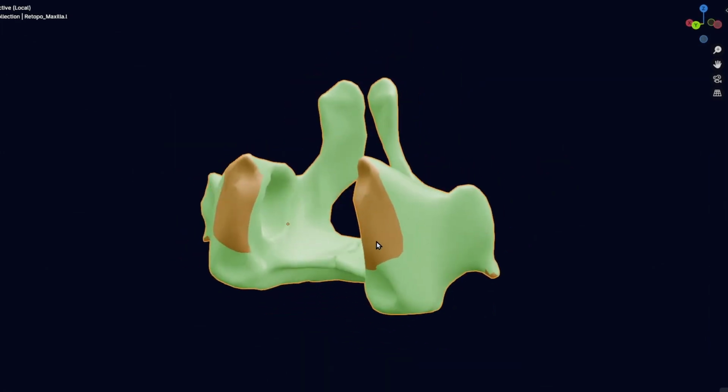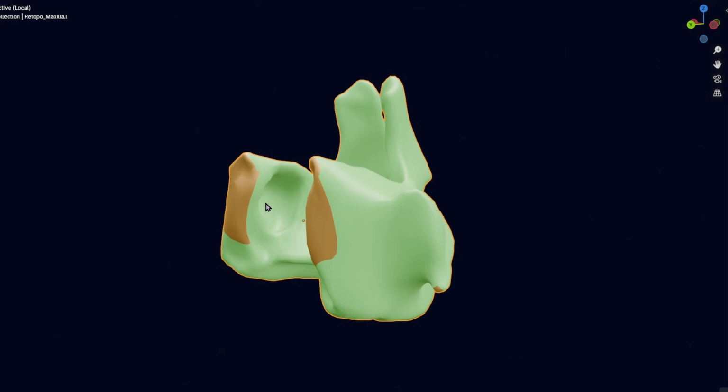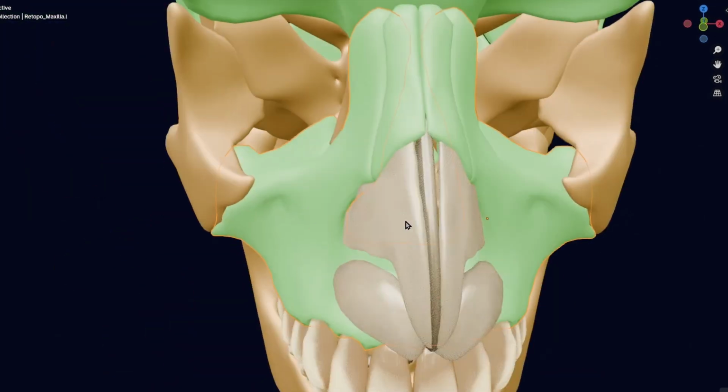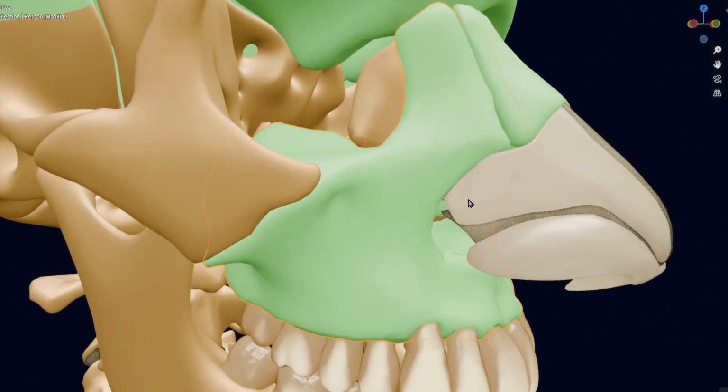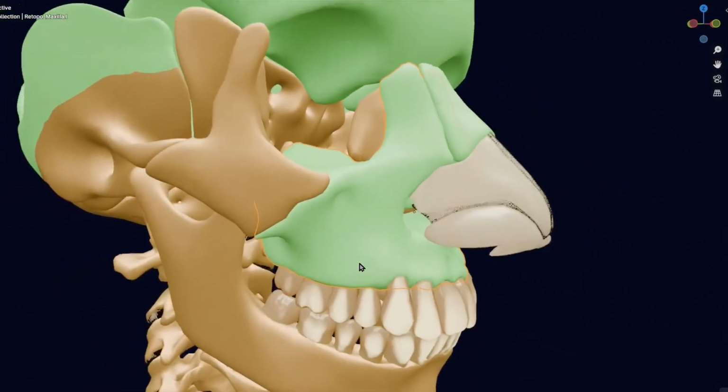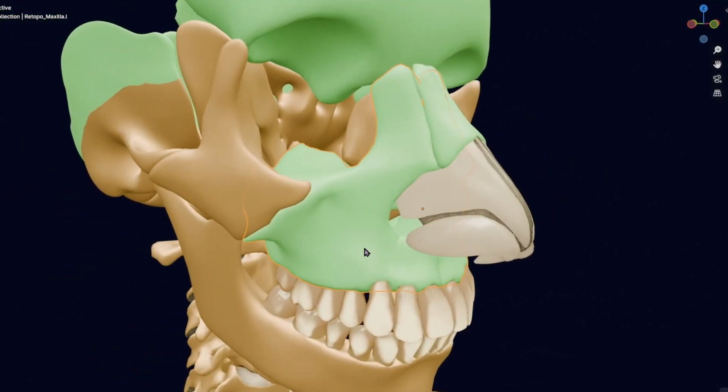This is the maxillary tuberosity, or some people also believe that the maxillary sinuses also develop with endochondral ossification. But most of the maxilla develops with intramembranous ossification, and I don't know the reason for this exception.